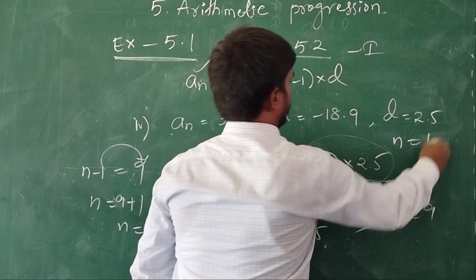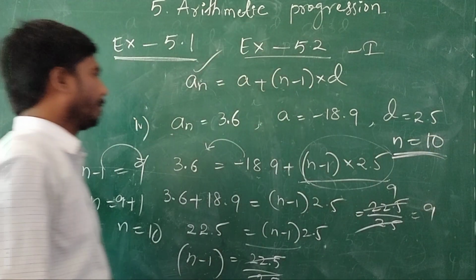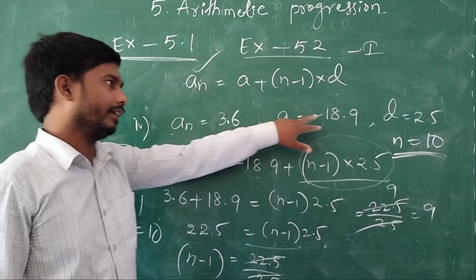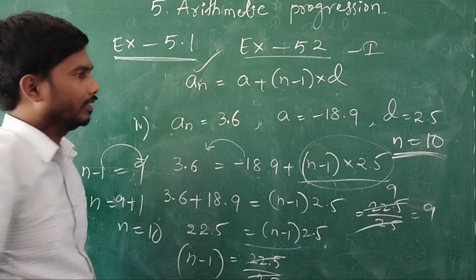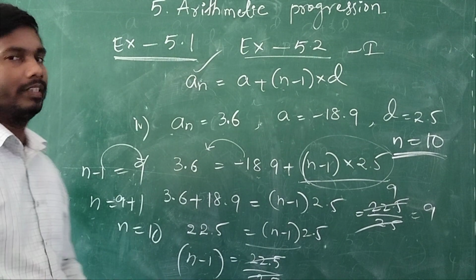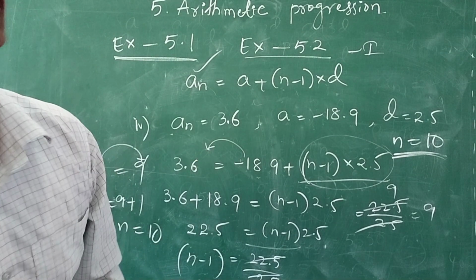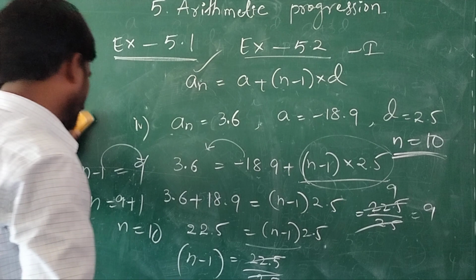The number of terms n is equals to 10. With an 3.6, a minus 18.9 and d 2.5, in that series, how many terms are there? 10 terms are there. That is the 5.2 first bit related problems.